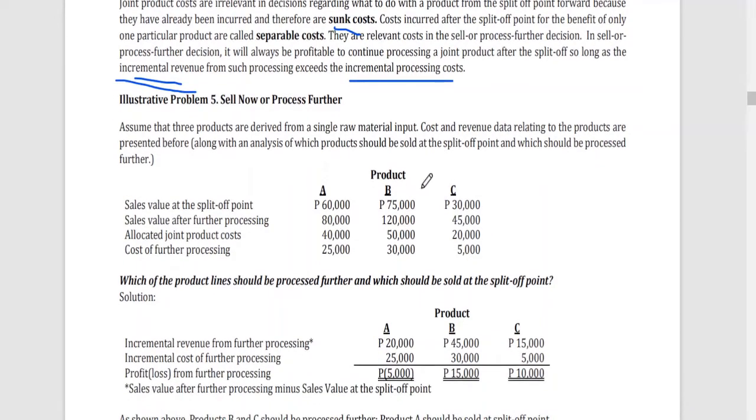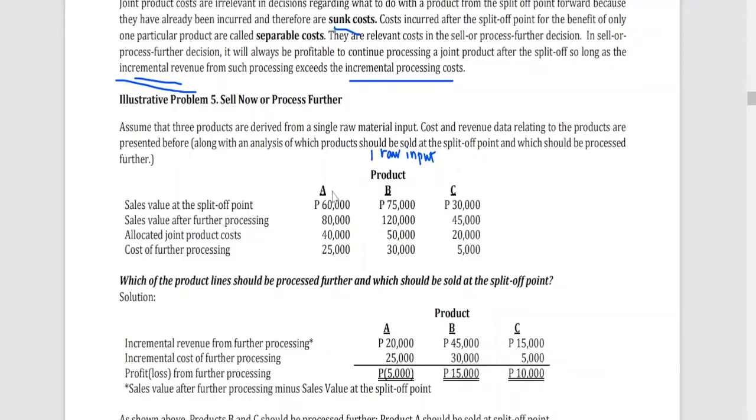So for product A, B, and C, here are the sales value at split off point. So may pasabot ani niya. So kung ibaligya nimo ni siya after silang mabahin, so di ba gikan sila sa one raw input. Okay, so gikan sila sa one raw input, unya na separate sila into different products.